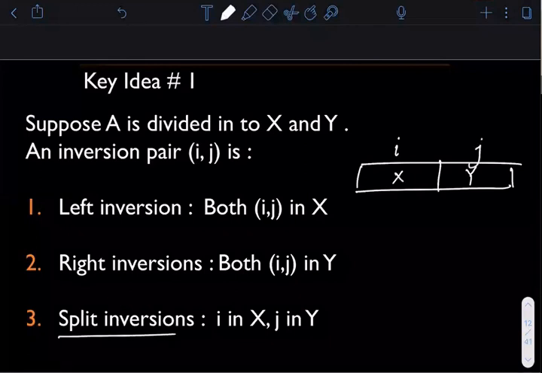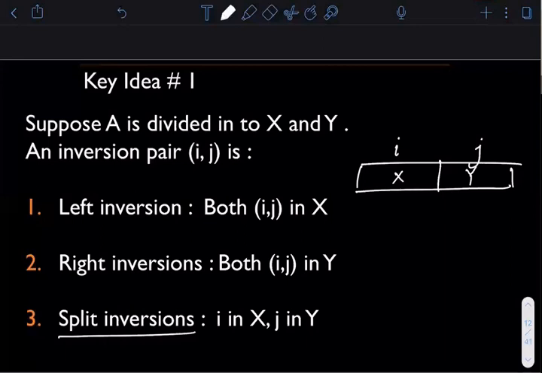I call them the split inversions. So on the basis of this division X and Y, I'm able to categorize my inversions into three different classes: left inversions, right inversions, and split inversions. And we will see how these become useful when we design the algorithm.